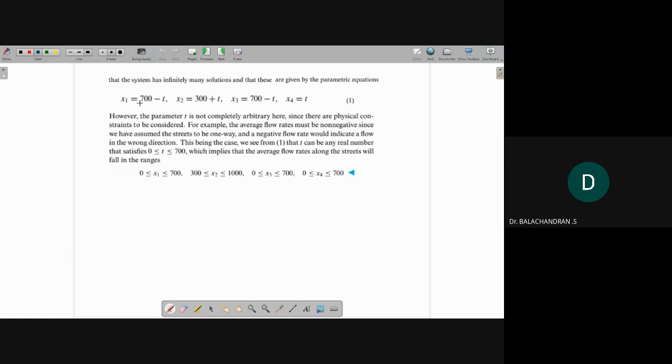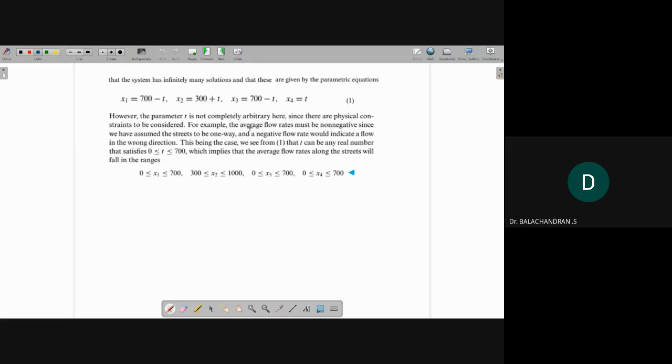However, x1 is 700 minus t, and then x2, x3, x4. However, the parameter t is not completely arbitrary here. Usually we say that the parameter is arbitrary, but here it is not completely arbitrary. The reason is that there are physical constraints to be considered. What are the physical constraints?